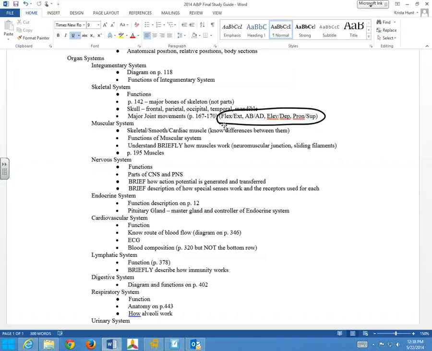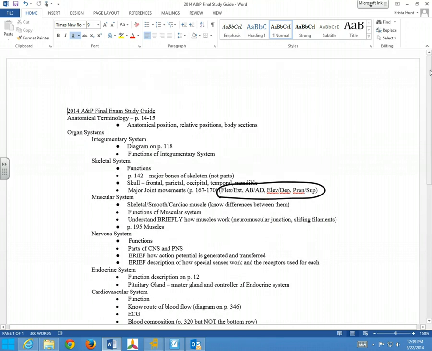Good. You guys are all chatting and you're missing what Sarah just asked. It was a good question. She's asking about not anatomical position, but the relative positions.